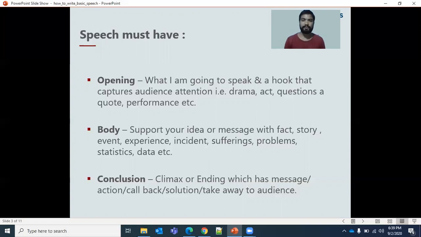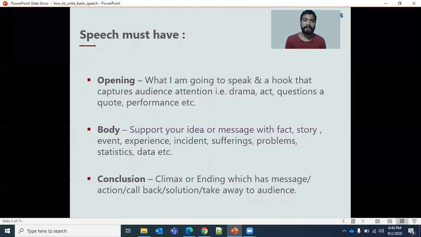It is a story, but it doesn't have any message. If a message is there, it's your responsibility to tell the audience what the message in that story is: what we can learn, the moral, the central idea of that story.